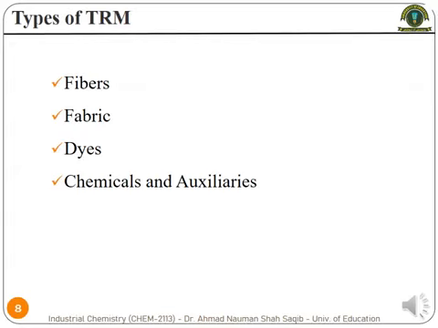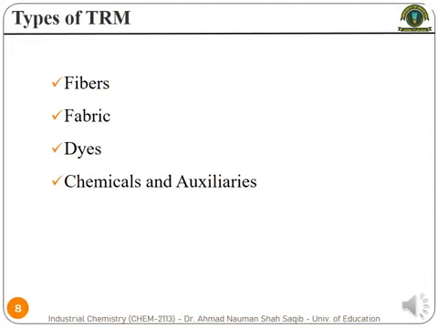And the third important category is the dyes which are used for the manufacturing of the textile product. And the fourth and last category for the textile raw materials used in the manufacturing process is chemicals and auxiliaries, which are really important for manufacturing of the textile products.